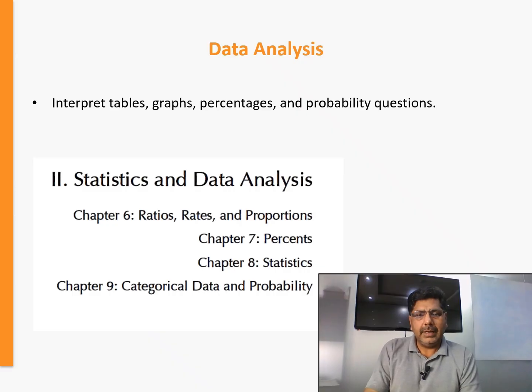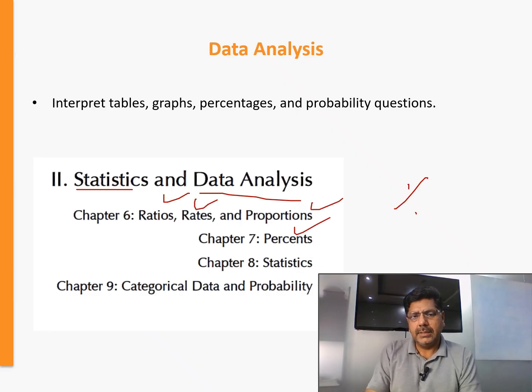Here the next portion will be statistics and data analysis. The data analysis will cover ratios, rates, proportions, percentages, how many percent of what. Statistics will be mean, mode, and median or average.